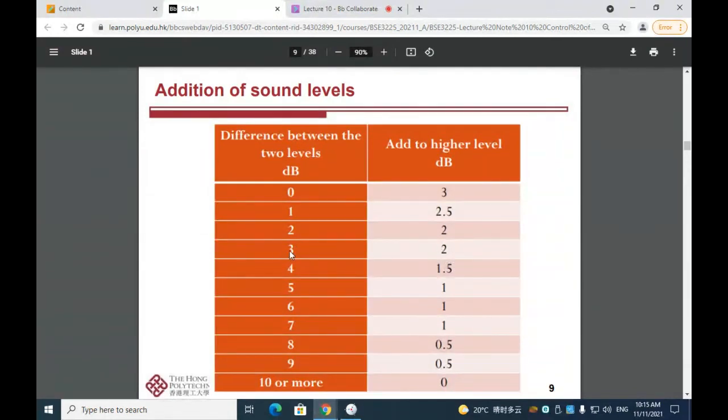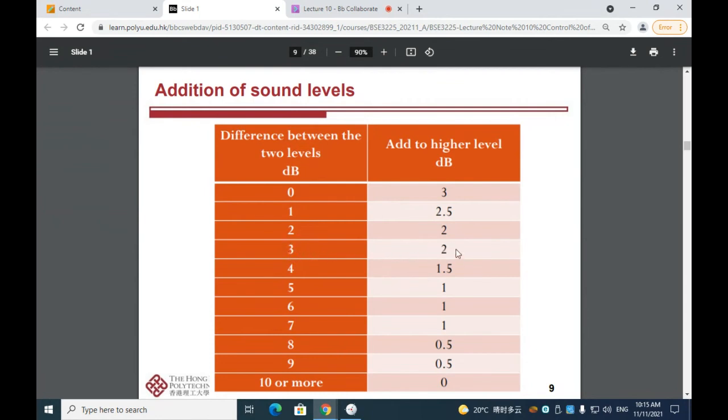For example, if we have 2 sources, the first sound level is 7 and the second sound level is 10, and the 2 sources are put inside one space, and you are asked to calculate the final sound level. You go to this table and find the difference between the 2 levels, 7 and 10, which is 3.